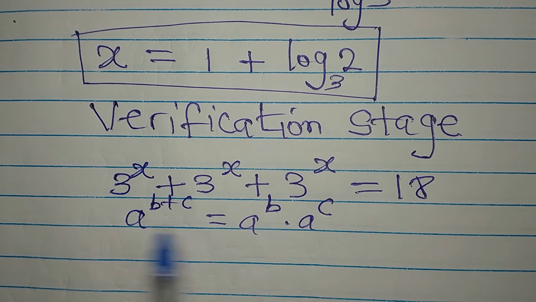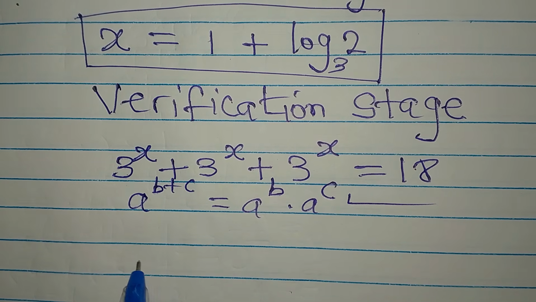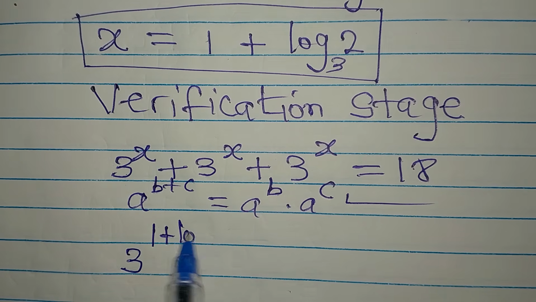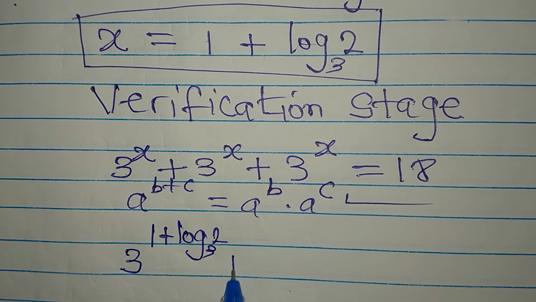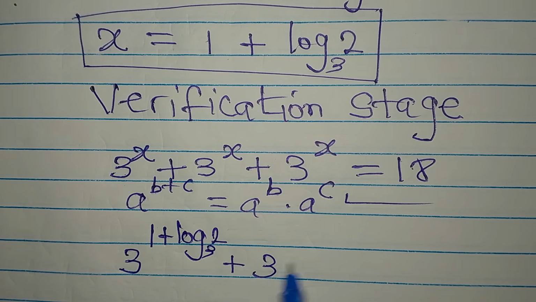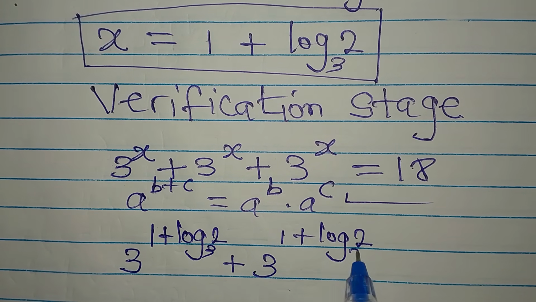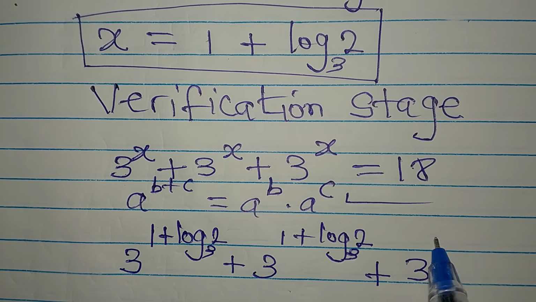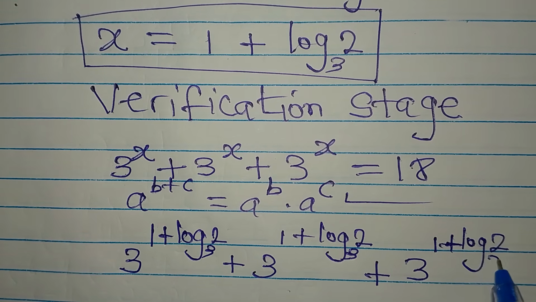So I'm going to make use of this law. Now, 3 to the power of x becomes 3 to the power of 1 plus log 2 to base 3. Then I'm going to have this in 3 places.